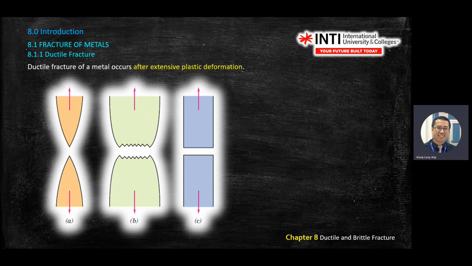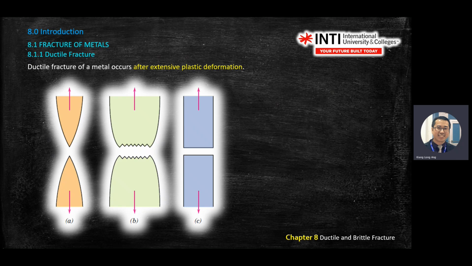Let's look at ductile fracture. Where does it happen? When the material experiences extensive plastic deformation. On the tensile graph, the stress versus strain graph, this is the region where ductile fracture happens.